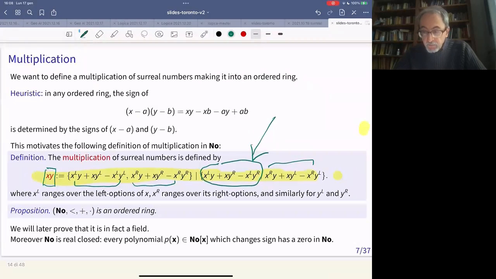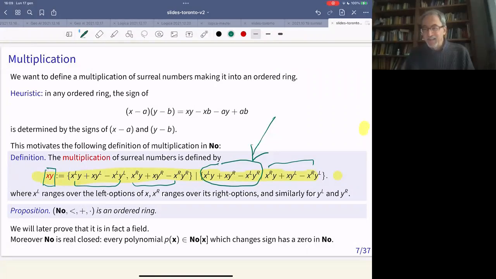Alessandro, may I ask a question? Sure. So for the addition, your rule was that you wanted the addition to be increasing with respect to both arguments, right? And here for the product, you seem to have another way of thinking using what you call the heuristics. Yes, there is a different heuristic. Of course, you cannot use the same heuristic as before, otherwise you will get the same function.